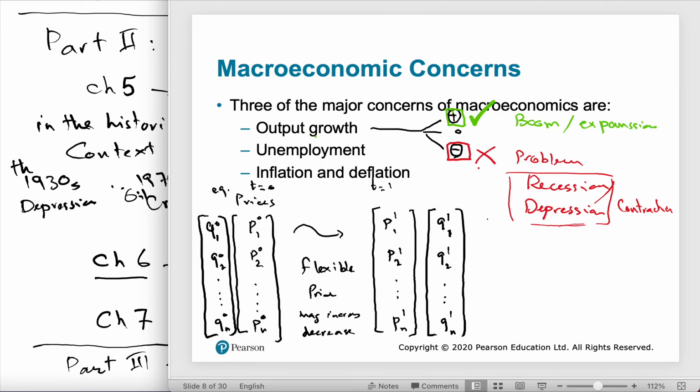Apart from the output growth, the macroeconomic variable which reflects the aggregate output growth, there are two more indicators which concern the economy. One is called unemployment. If somebody is fired from a factory and he or she goes and finds another job somewhere else, this is not a macroeconomic issue.